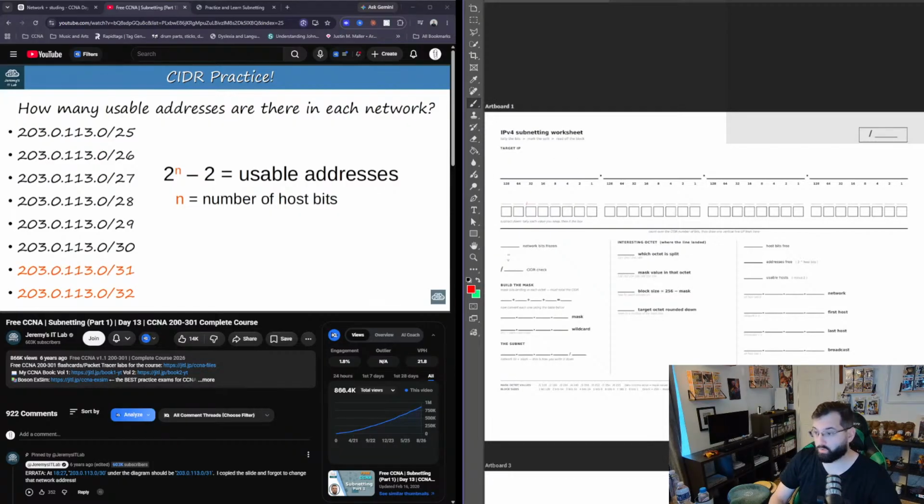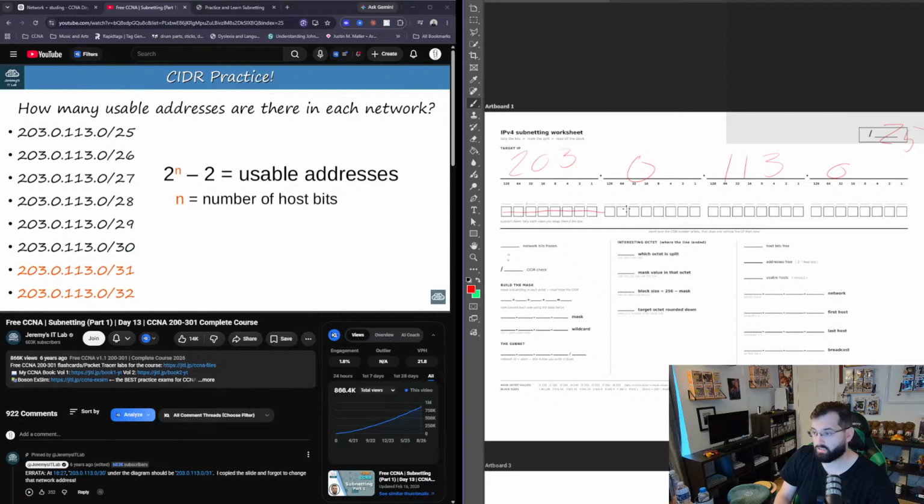Okay, so our first one that we're going to do is 203.0.113.0, and then we have /25. So we're looking for 25 of these bits that have been used.